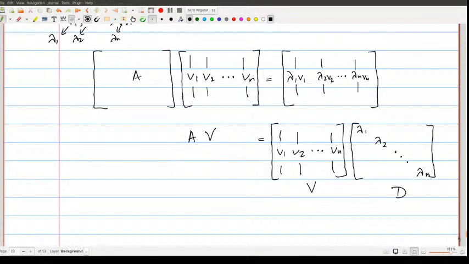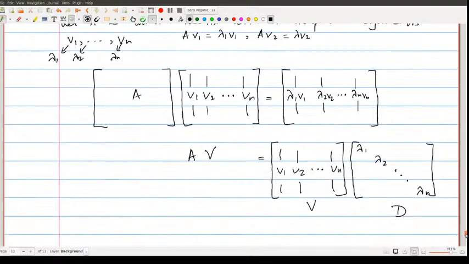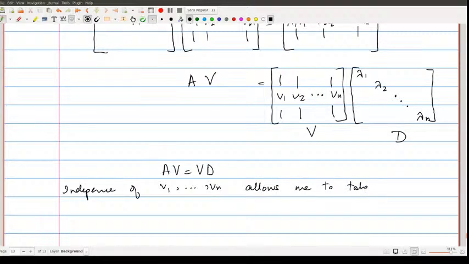And the reason I wanted n independent eigenvectors was that I can do the following. If AV equals VD, this was true. I haven't used the idea of having n independent vectors yet, even though I've put in all these diagonals. Maybe some of them are dependent, but if they are independent, then independence of V1 to Vn allows me to take V inverse.